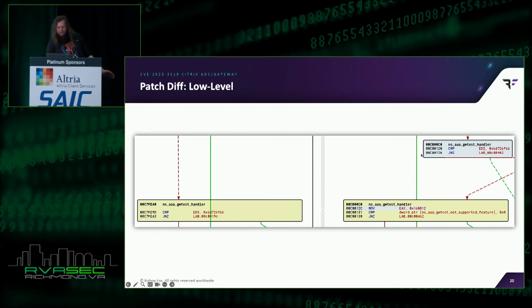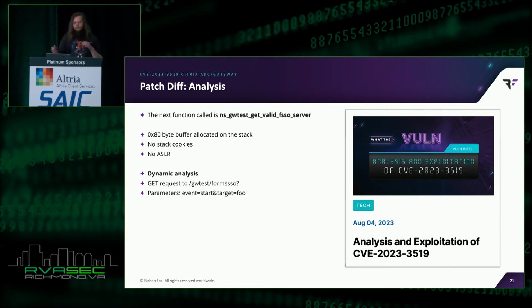I'm not sure if everyone can see it, but this little check is just saying, hey, actually, if this condition is true, this is an error case, let's jump out of here, which is really important for fixing their vulnerability, because if they don't jump out of there, there's a buffer call in the function immediately following that you can just start writing extra bytes into, and since there's no ASLR, there's no stack cookies, we just started doing dynamic analysis where we send the request, specific endpoints with just a ton of A's, and then we get our crash, we write our blog post, and we've also made vulnerability checks and exploits around this.